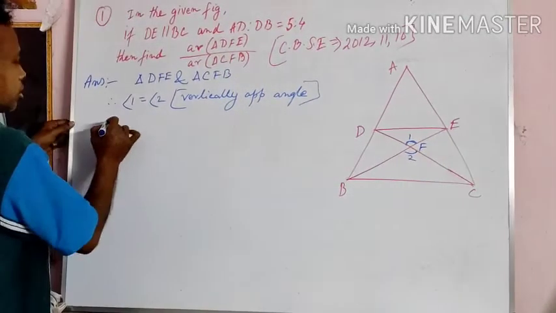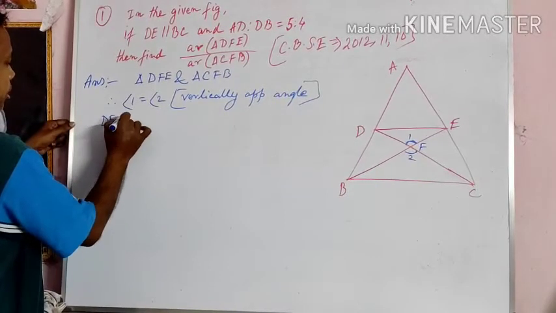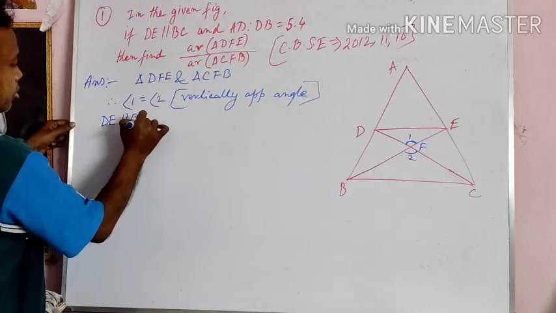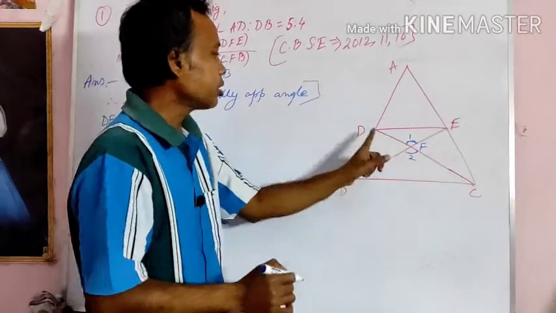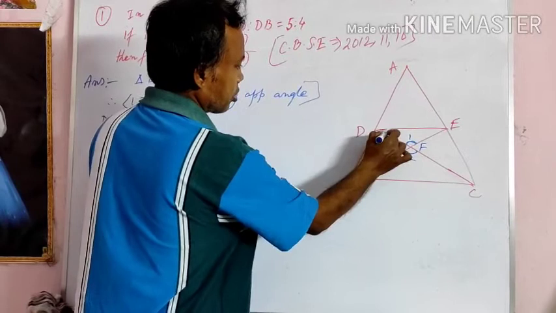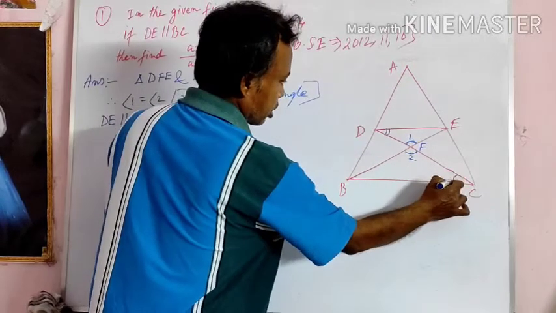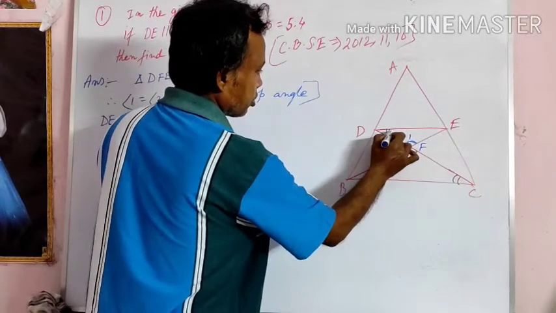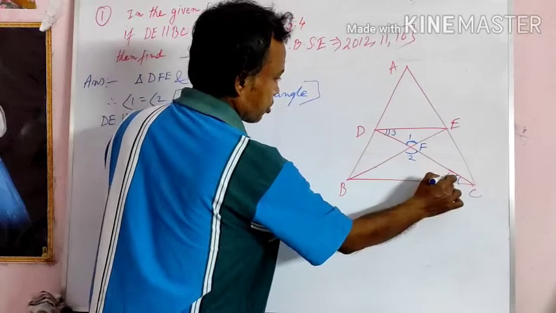Again, DE is parallel to BC and DC is the transversal. Therefore, this angle must be equal to this angle. These are alternate angles. Suppose this is 3, this is 4.